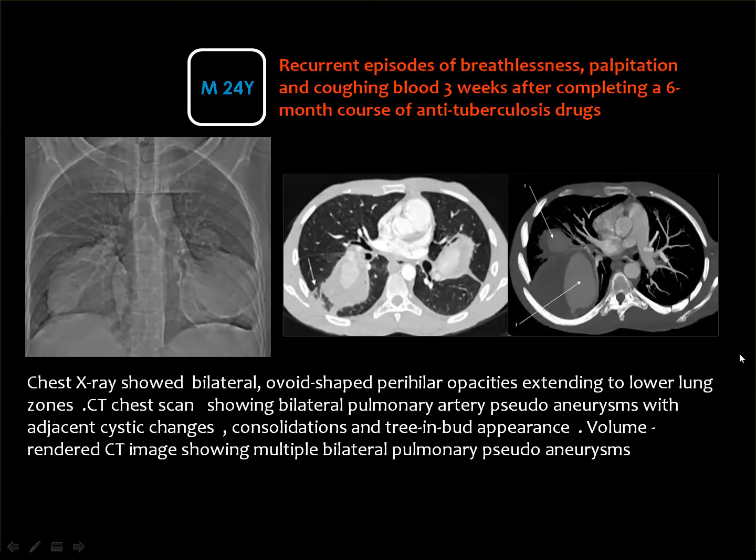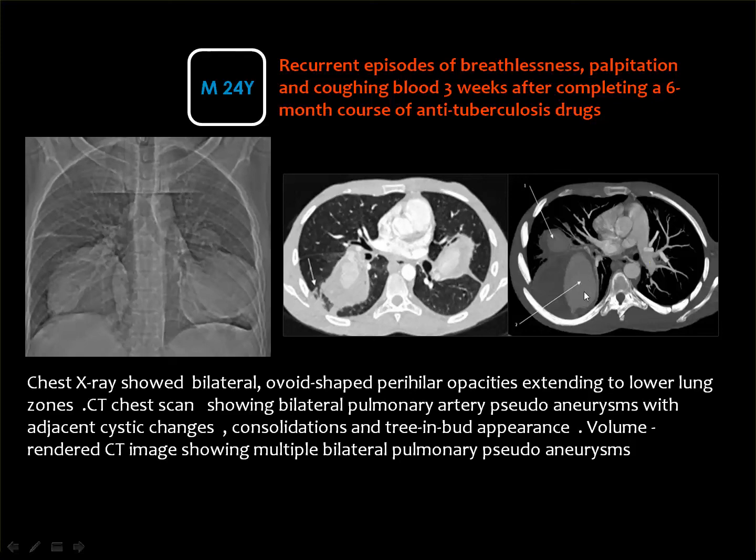And this is also a case of multiple aneurysms affecting the lower lobes. In the chest X-ray, you got multiple masses, and in the CT angiogram, you got the classic appearance of the aneurysm, which is a white circle inside a black circle.